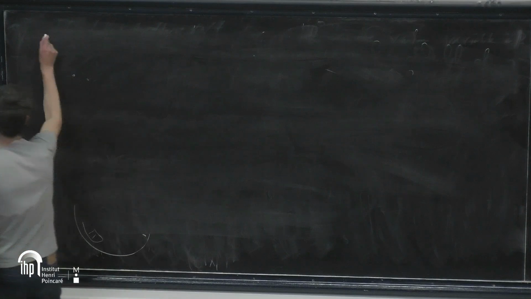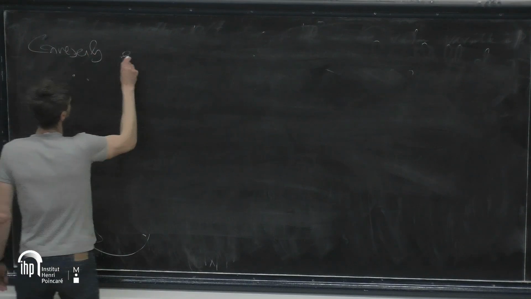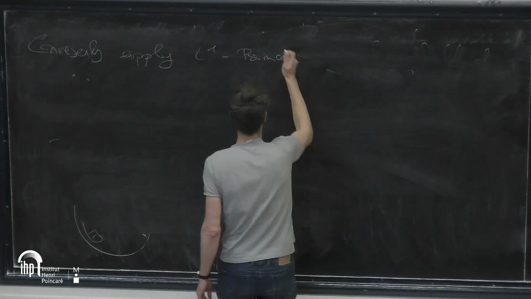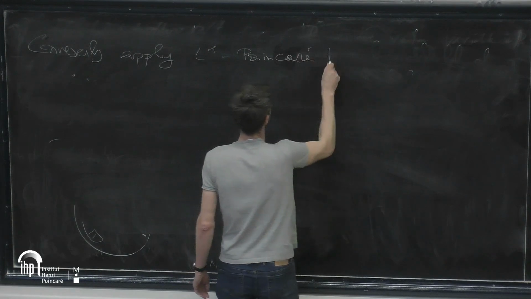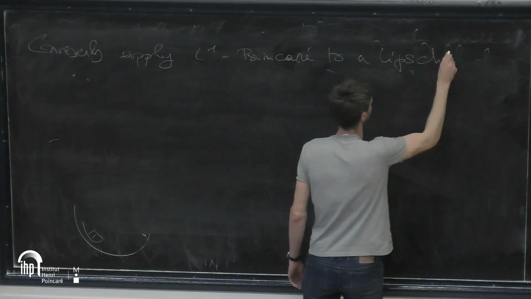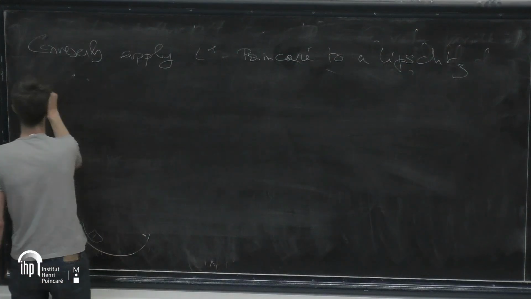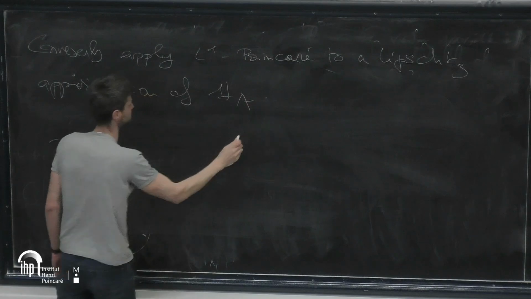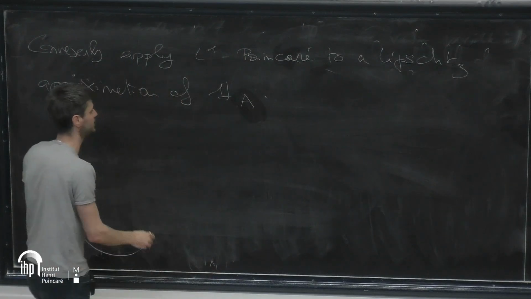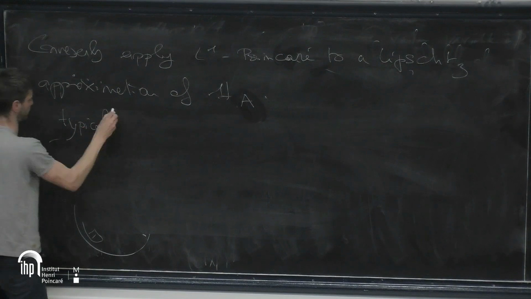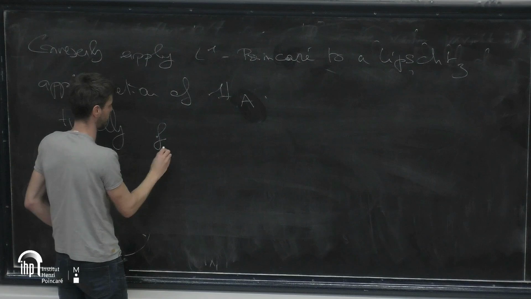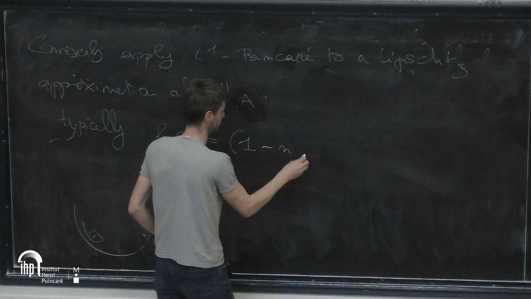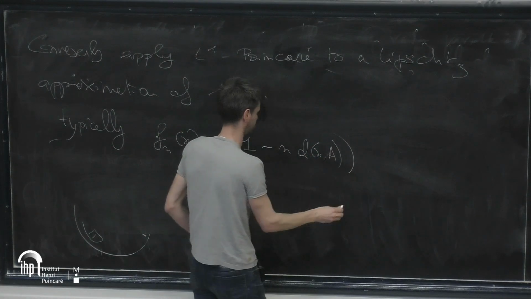So conversely, you apply the L1 Poincaré to a Lipschitz approximation of the indicator of A. Typically f_n of x is, I don't know, 1 minus n times the distance from x to A, positive part.